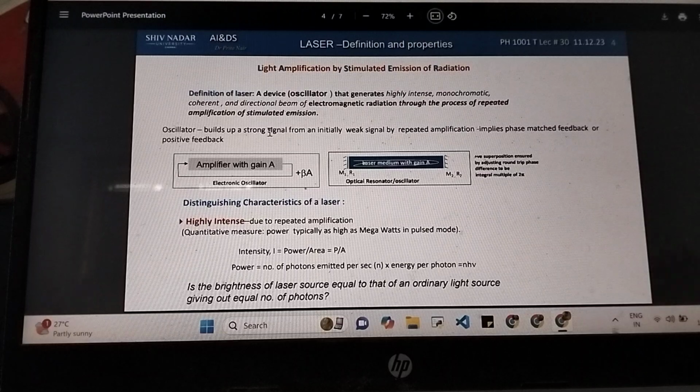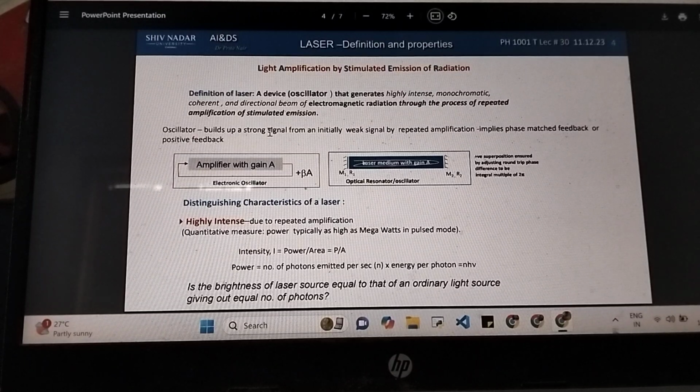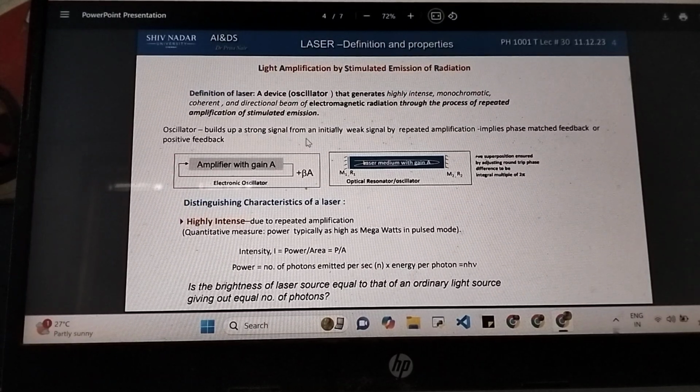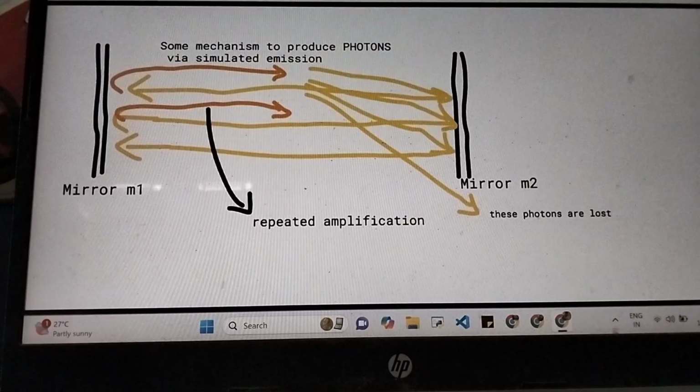It only gives rise to these particles. What makes these particles or waves stronger, what amplifies them, is the laser through repeated amplification. So a laser in other terms can also be called an oscillator. So we will now look at this repeated amplification in a little more detail.